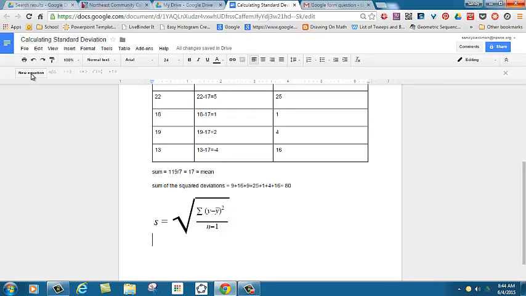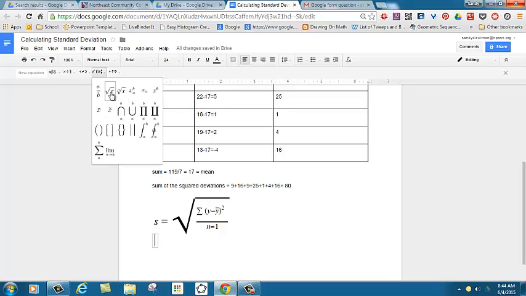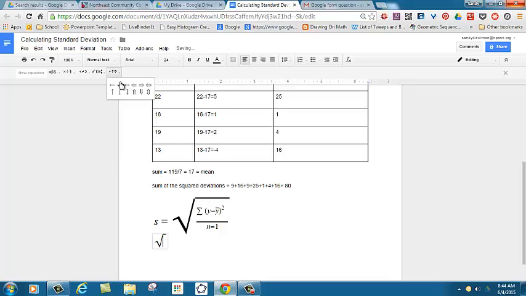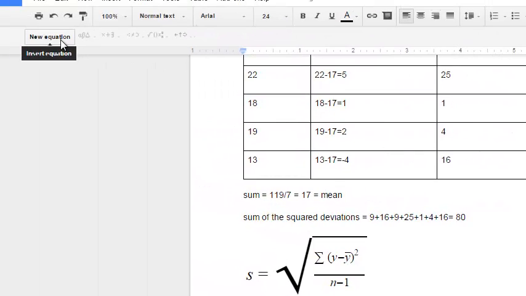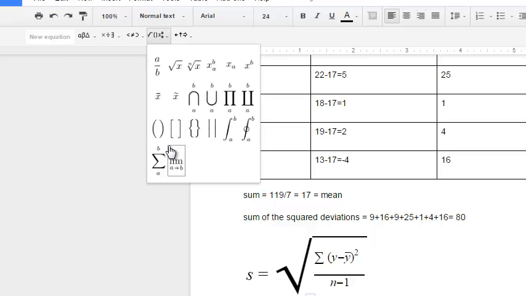What happens here is I will be substituting into my formula. Let's just use the square root key here. The top of this will be 80, and then I will divide this by n minus 1, where n is the number of pieces of data, and I believe we had 7 numbers, so 7 minus 1. So then this will be the square root of 80 divided by 6.